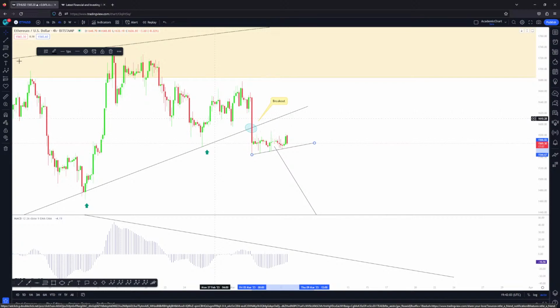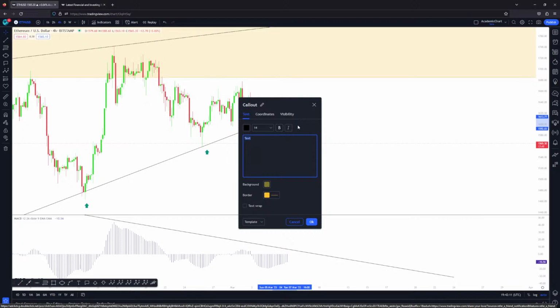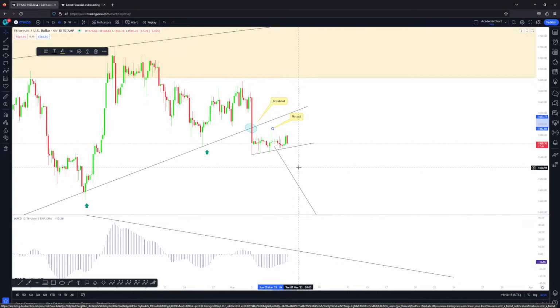Also, very important to mention, we have some sort of retest here. Anytime price breaks any structure, which here was a rising wedge, or if you are not interested in that rising wedge, we at least have this trend line, and it has been broken. You can see after the breakout we had a retest, but after that retest it didn't continue, it returned back.